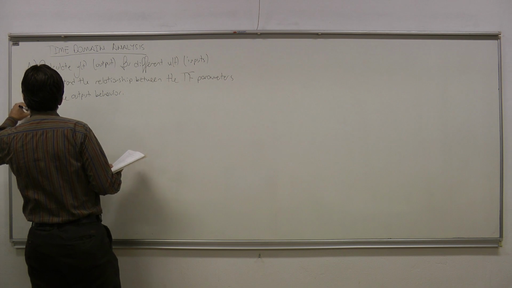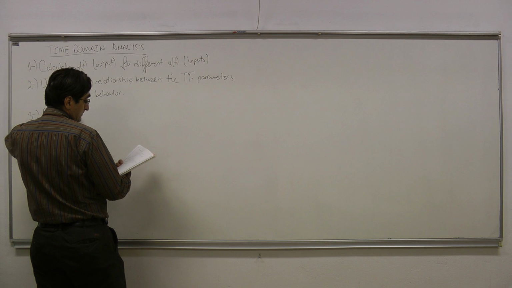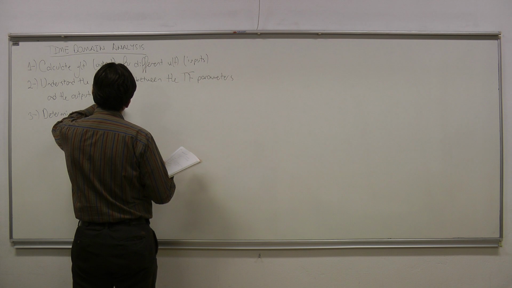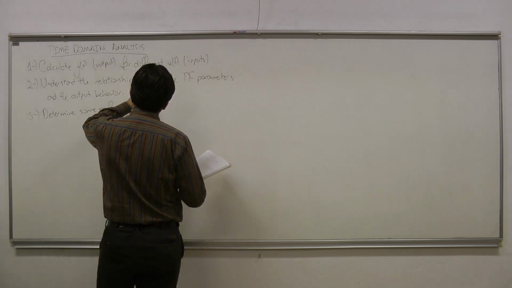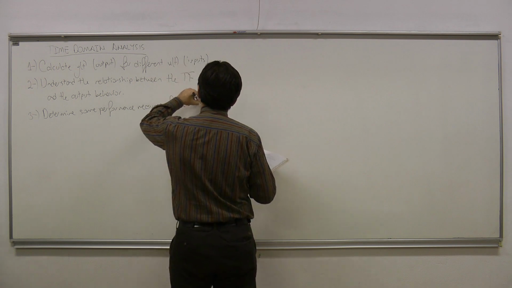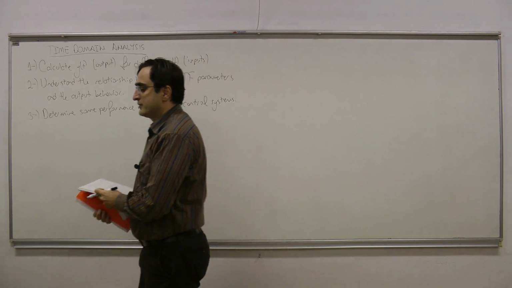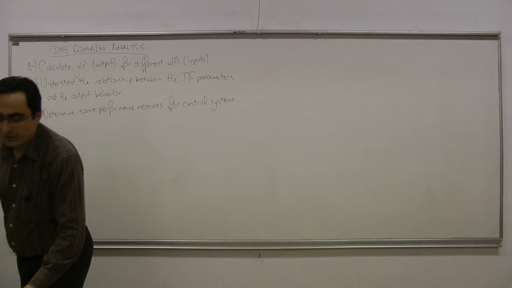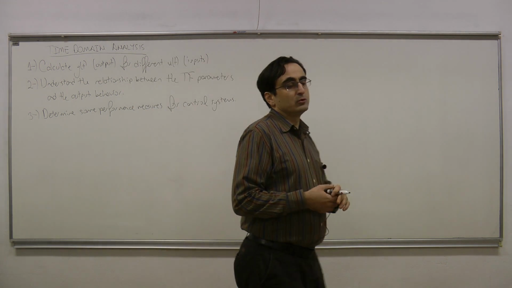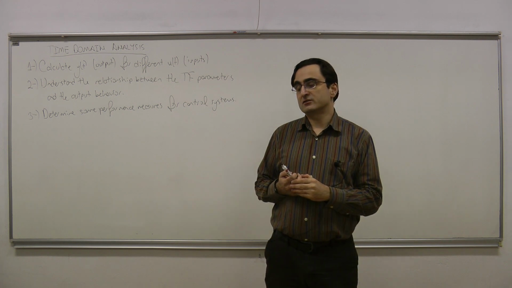And the third aim is going to be to determine some performance measures for control systems. For example, we are going to be asking the question, how much time does a controller take for the output to settle at some constant value?